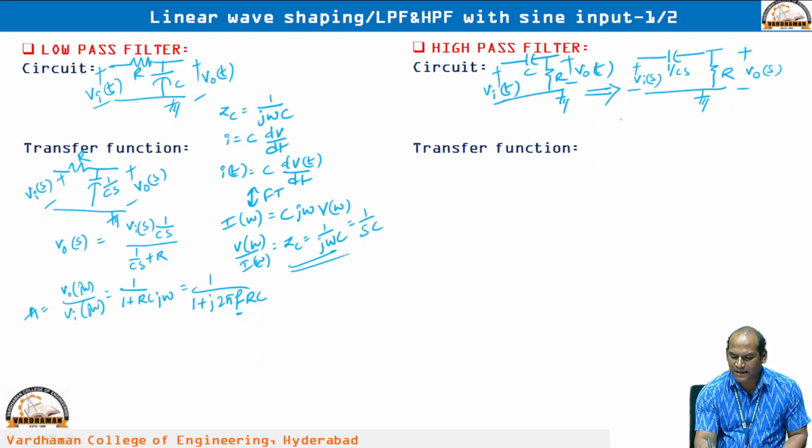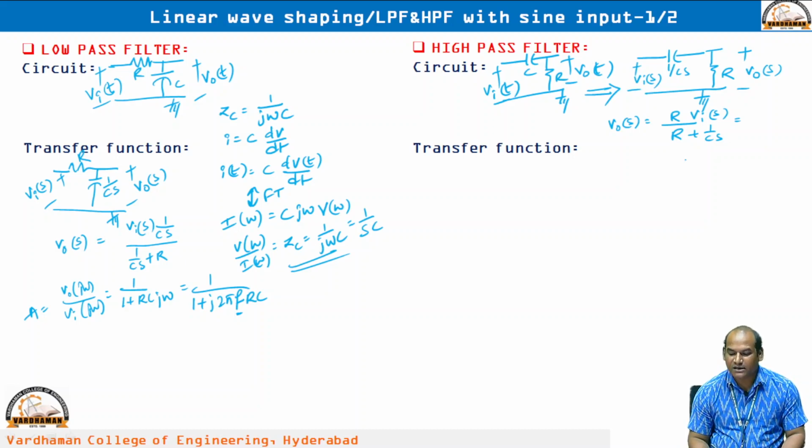Then by applying the voltage dividing rule, we can get V naught of S is equal to the total voltage Vi of S multiplied with the impedance where we are finding the output voltage, that is R, by total impedance, that is R plus 1 by Cs, like this I can write. Okay. Now, you can take R common in the denominator, that R can be cancelled with the numerator R. So, in the numerator you are left with Vi of S only, by 1 plus 1 by RCS. So, like this we can write.